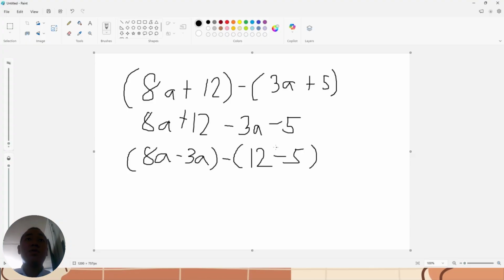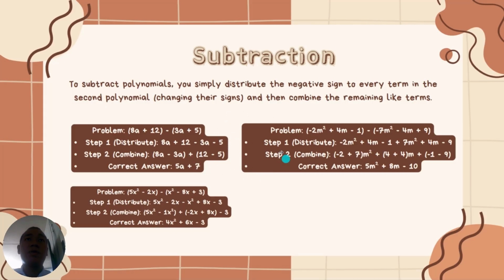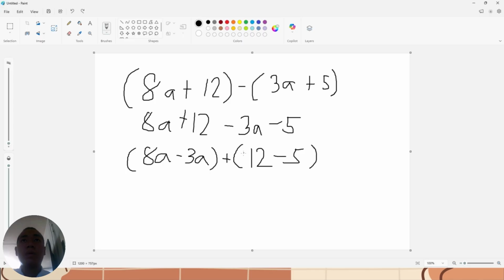After that, we solve for this. 8a minus 3a becomes 5a. And then 12 minus 5 becomes 7. That is our final answer in subtracting polynomials.